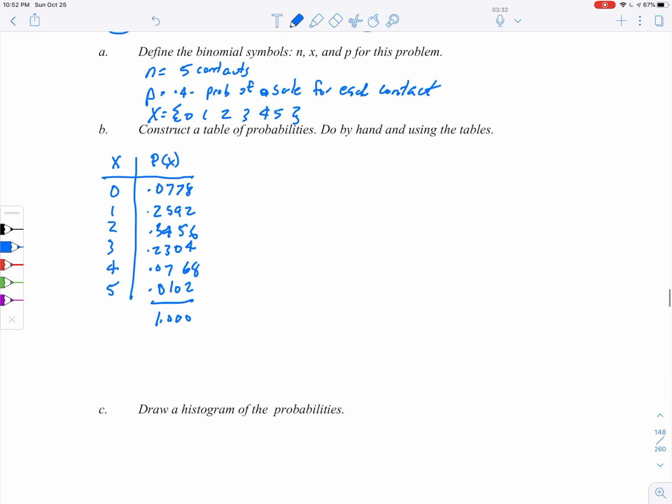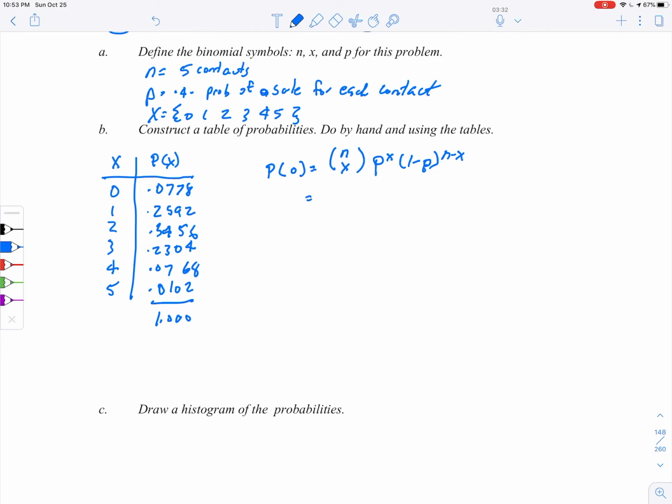All right, and then we're going to calculate probably just a couple of these by hand. I'll leave the rest for you. So let's do, say, the probability that x is equal to 0. That's going to be equal to, remember our generic formula, n choose x times p to the x times 1 minus p to the n minus x.